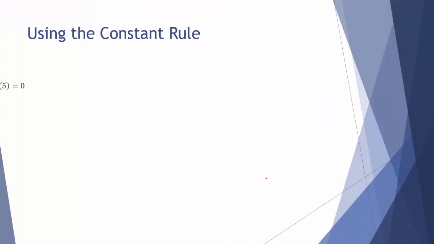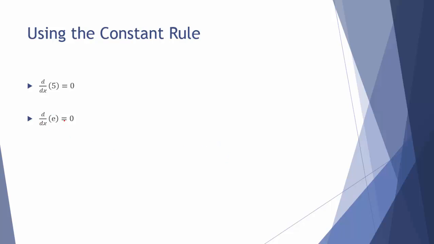When we use the constant rule, we find things like the derivative of 5 is 0. No surprise. The derivative with respect to x of e is 0. Here I intend e to be the e that you're used to when you're looking at natural bases of exponentials or logarithms, that 2-point something number.